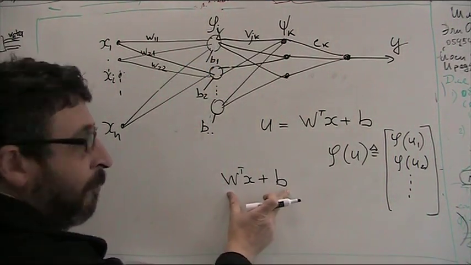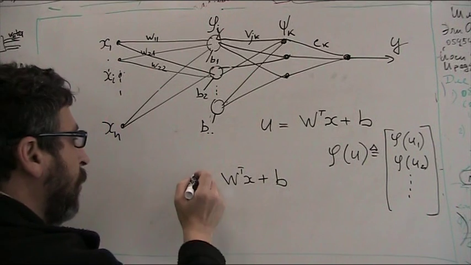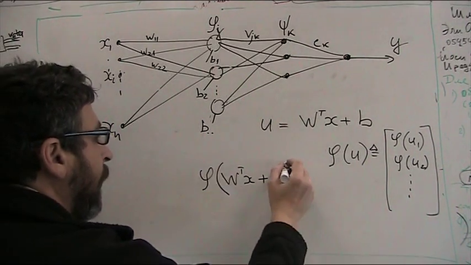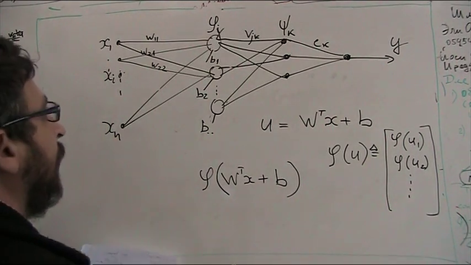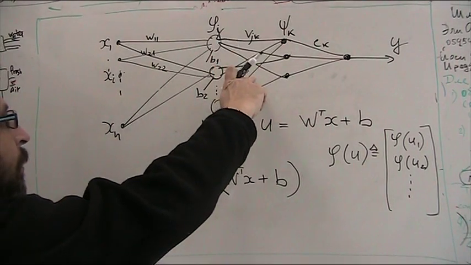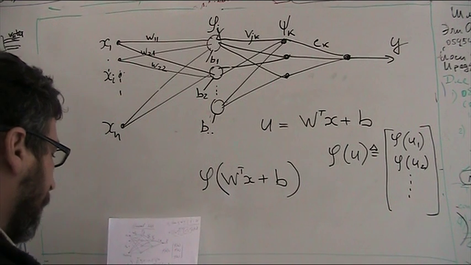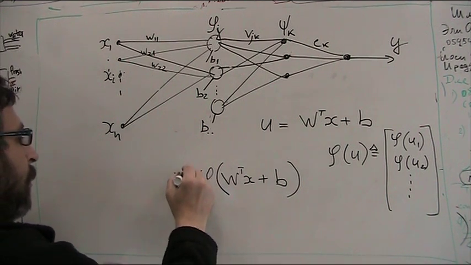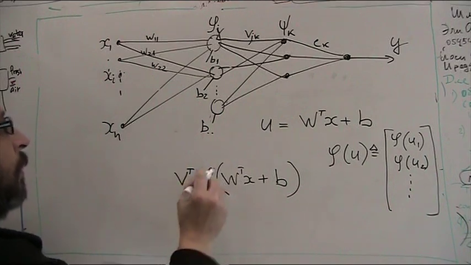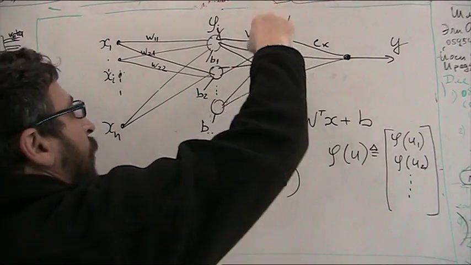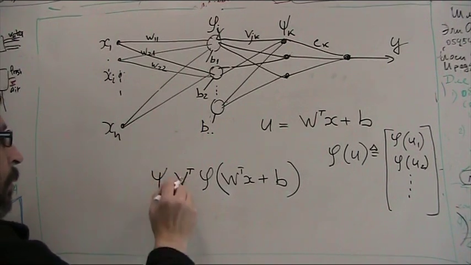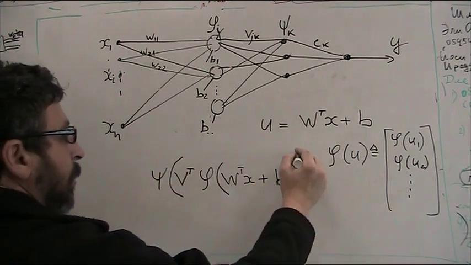This is actually a vector, so I apply this function phi element-wise. Then I multiply it by matrix V transpose. And then I apply a similar function psi to this expression.